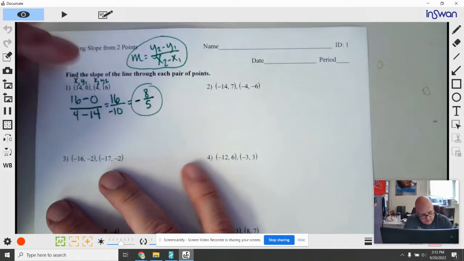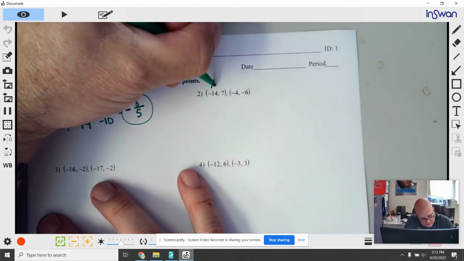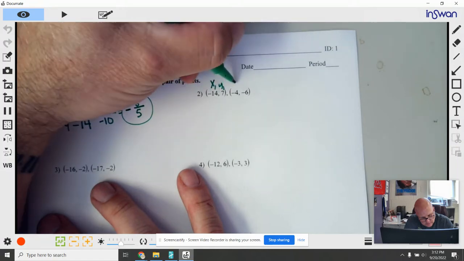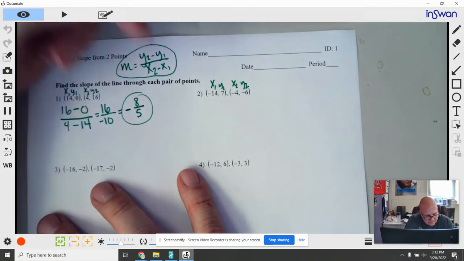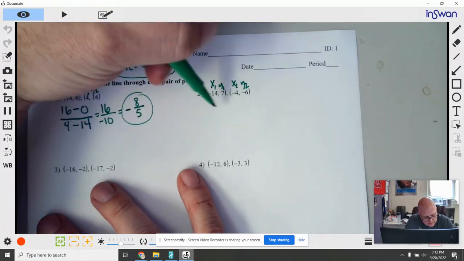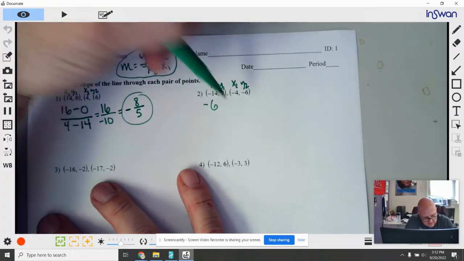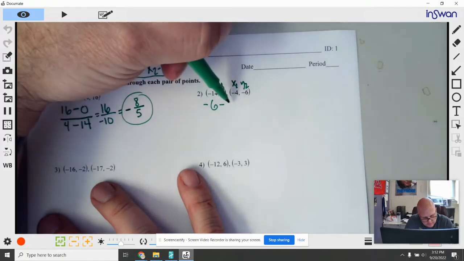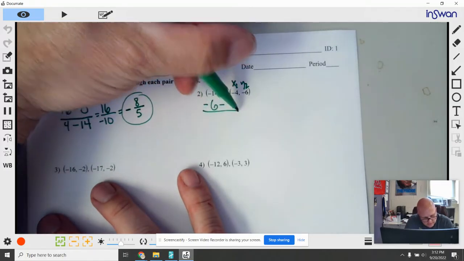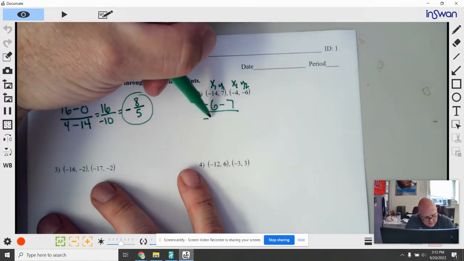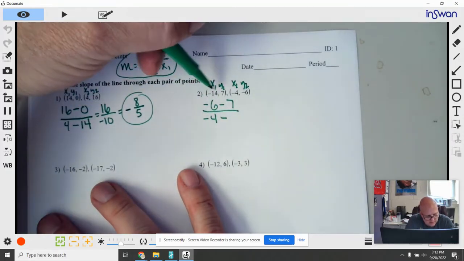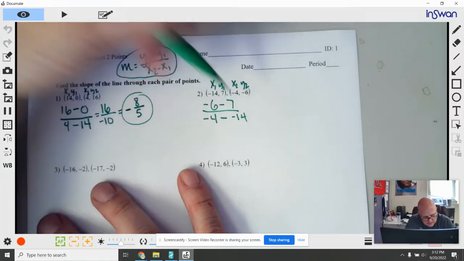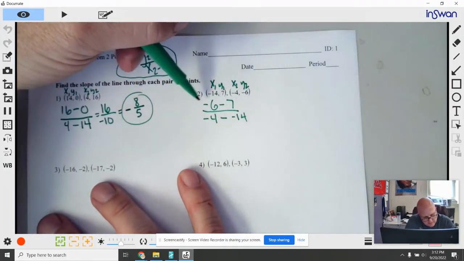Okay, number 2. Start off, label your points: x sub 1, y sub 1, x sub 2, y sub 2. Use the formula. So negative 6 minus my y sub 1, which was 7, over x sub 2, negative 4, minus x sub 1, which is negative 14. So I've got a lot of negatives going on in this problem.